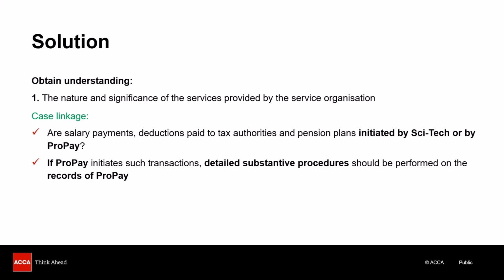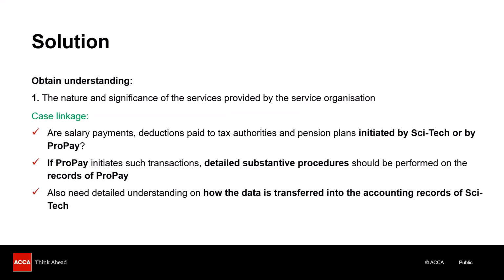So very quickly, in terms of finding out about the nature of the services, let's get into the detail, and this is where the application marks are coming in. I need to find out who is initiating the transactions. So we're talking about salary payments, deductions, payments to tax authorities, etc. If it is the service organization, then my detailed substantive procedures should be done on the records that the service organization maintains.